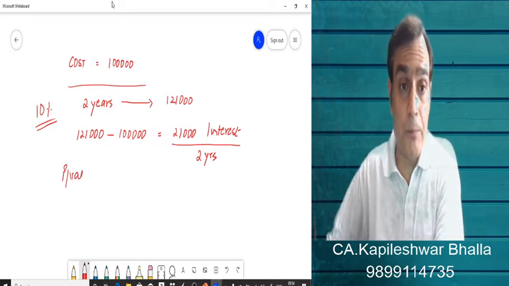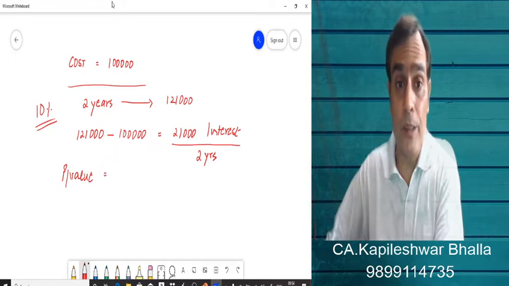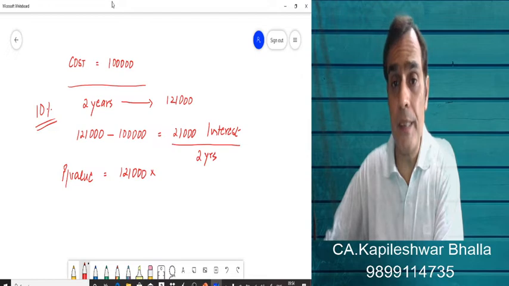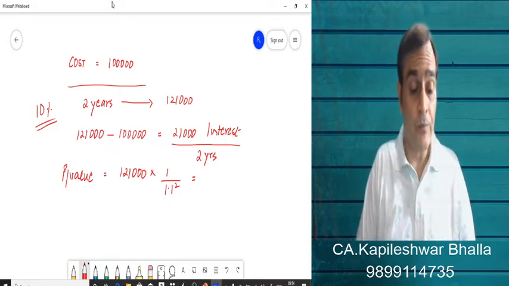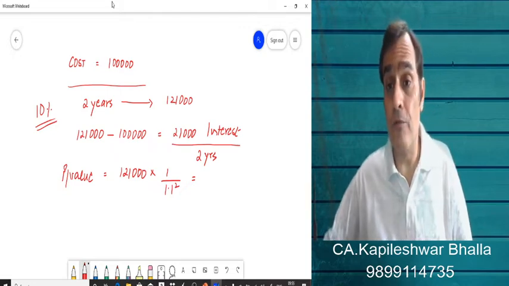If I calculate the present value of 1,21,000, I will take the interest rate as a discount rate, which is 10%. So we'll take 1 divided by 1.1 raised to power 2 years, because you're going to pay this money at the end of 2 years. So if I divide this 1,21,000 by 1.1 raised to power 2, you get the same figure, which is 1 lakh.